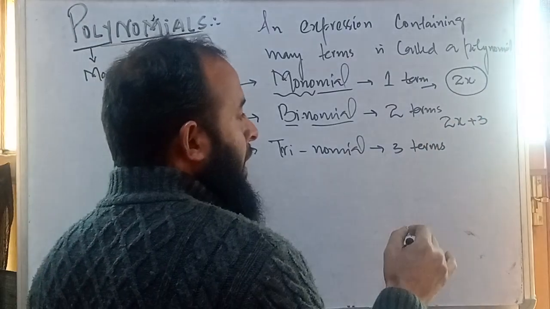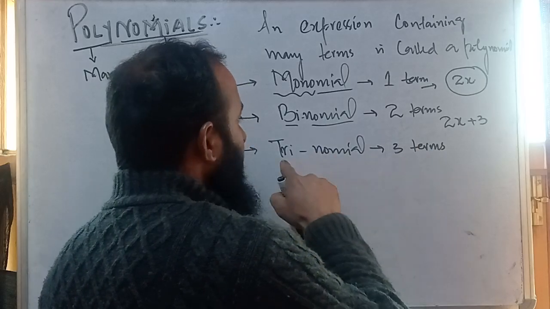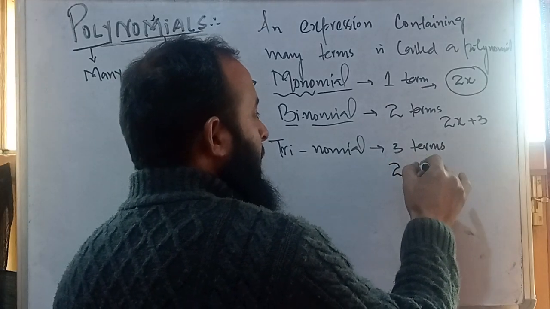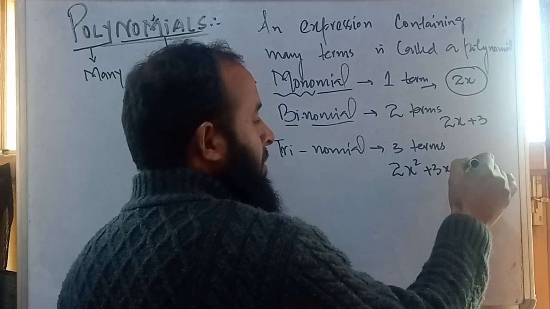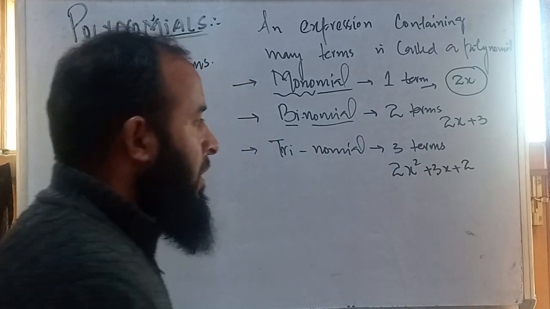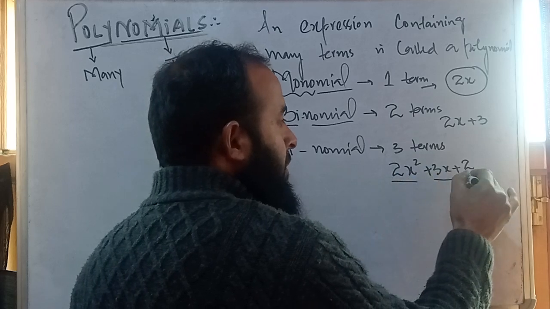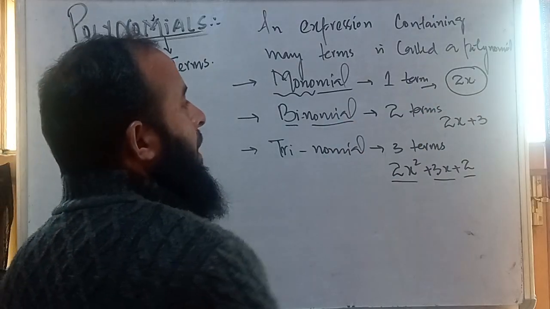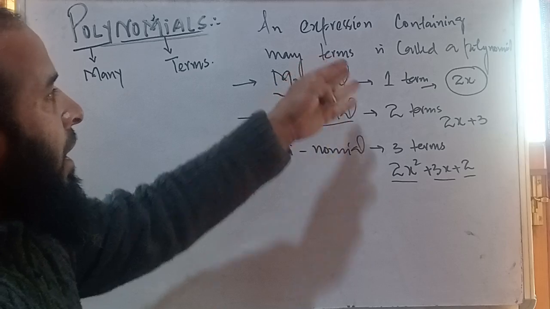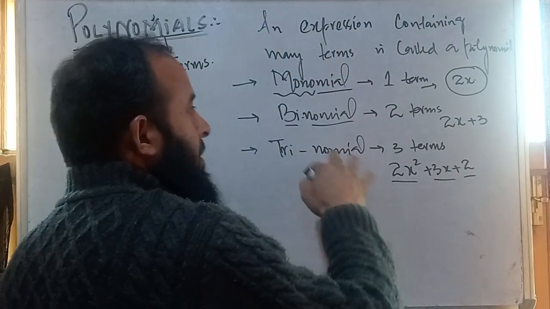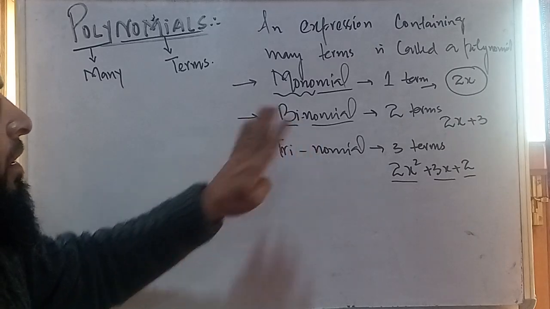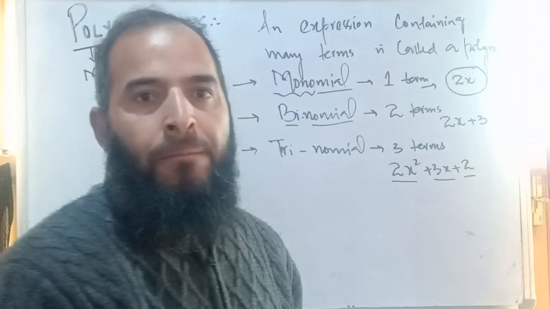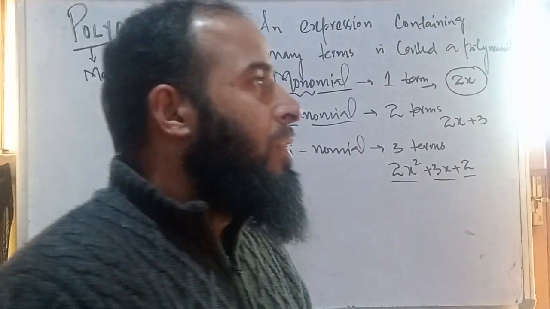And for a trinomial, we can write it as 2x square plus 3x plus 2. Now this contains how many terms? Three terms. So it is a trinomial. Depending upon the number of terms, a polynomial has been classified as monomial, binomial, trinomial. Now this was some basic concept about the polynomials.